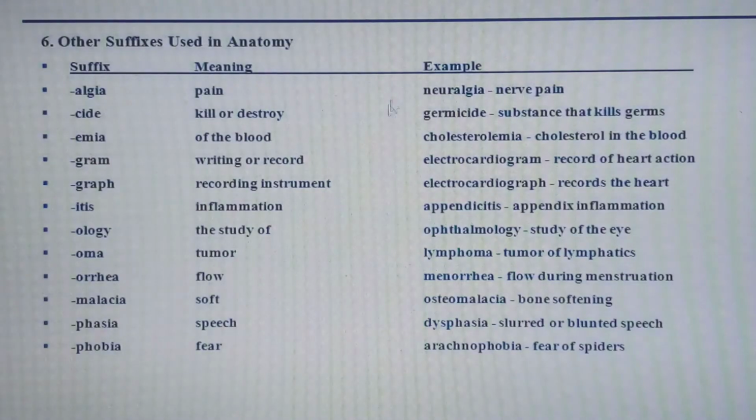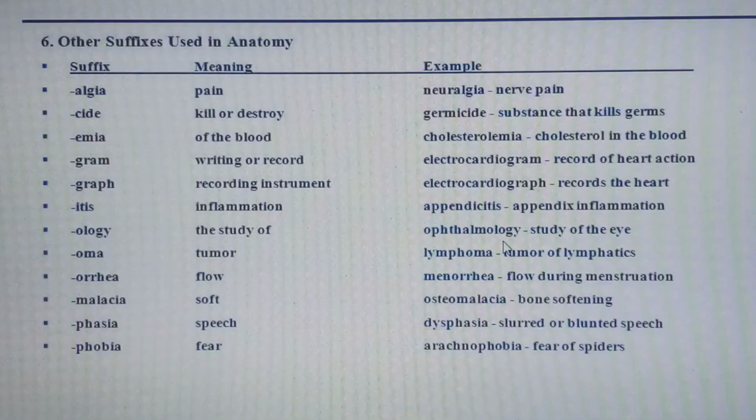You can see examples like arachnophobia, fear of spiders, dysphagia, difficulty swallowing, osteomalacia, softening of bone, and menorrhea, flow of blood. Lymphoma is a cancer, a tumor of the lymphocytes in the lymphatic system or the blood.